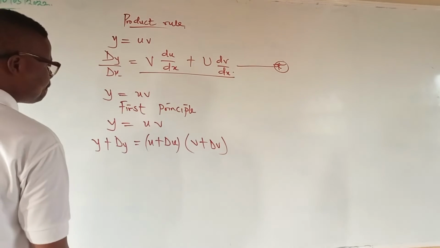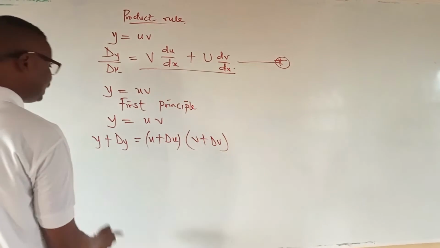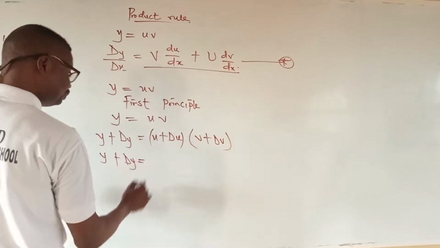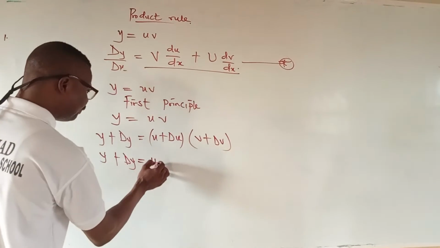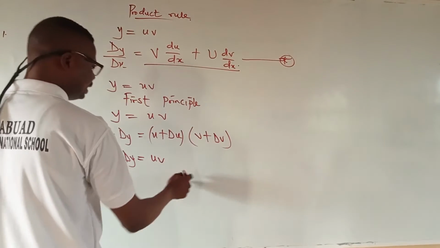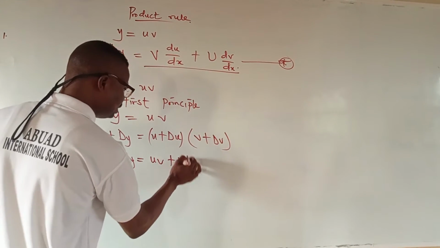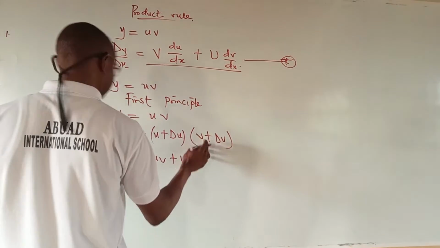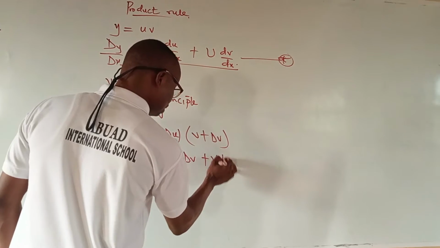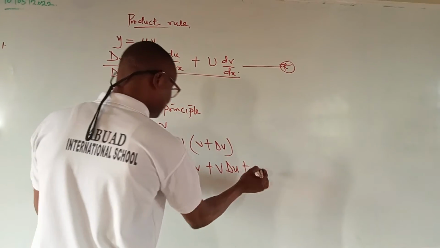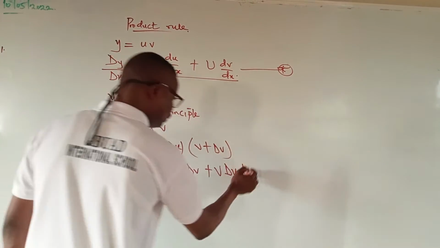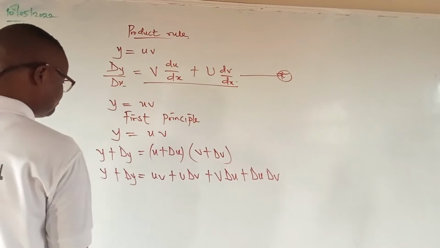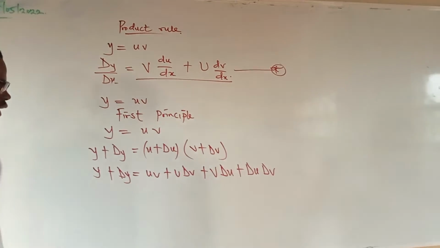Now from here we can open the brackets such that y plus dy equals uv, then u multiplied by dv gives plus u dv, then du multiplied by v gives v du, then plus du multiplied by dv gives du dv. So from here we can make dy the subject of the formula.